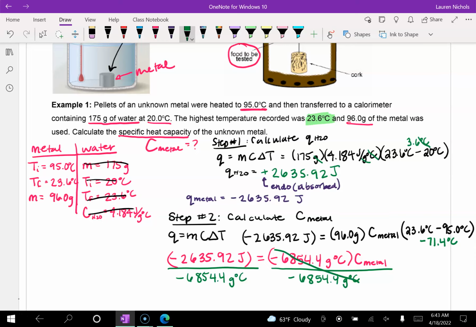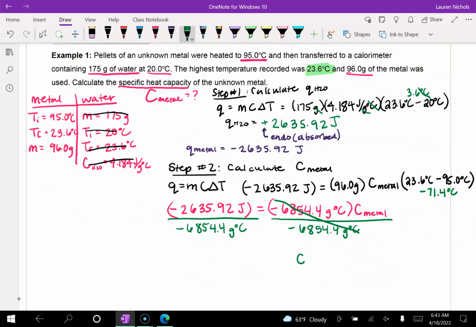This cancels out, and that tells us that the specific heat of our metal is going to be equal to, well, one thing we notice is that our units, none of them cancel out, which is good. So we have joules per gram degrees Celsius, which is what it's supposed to be.